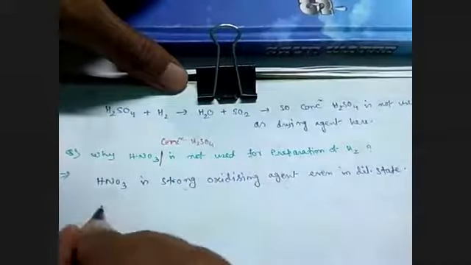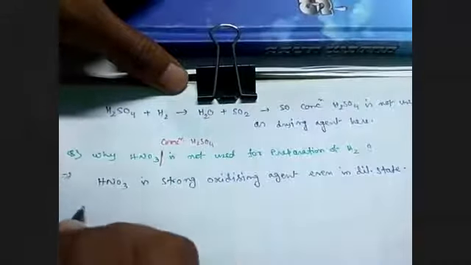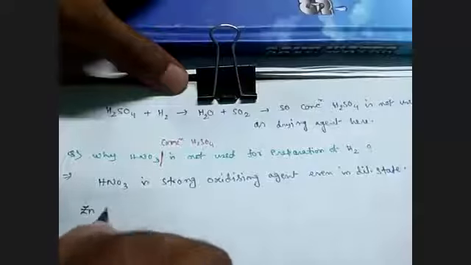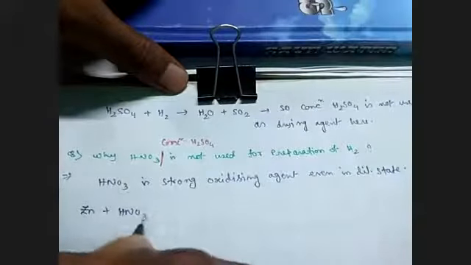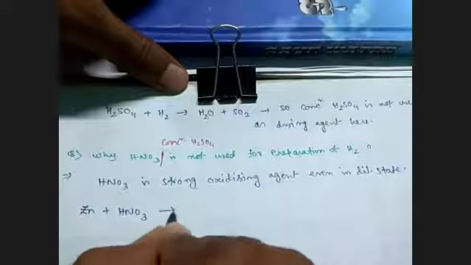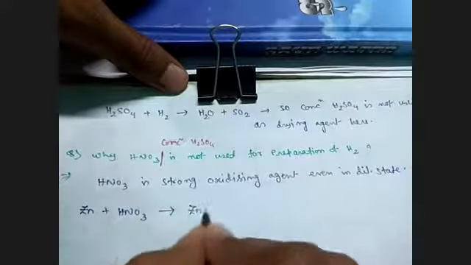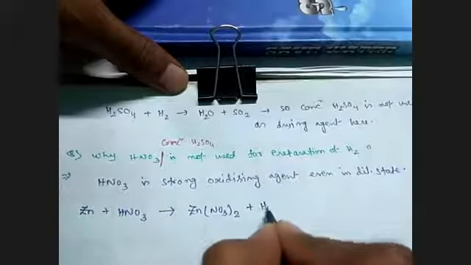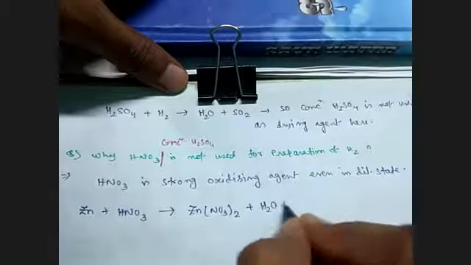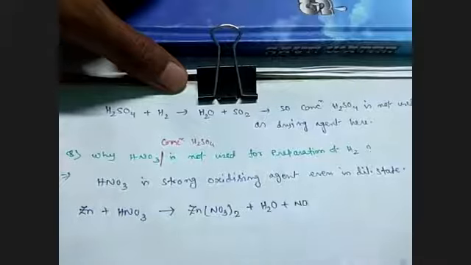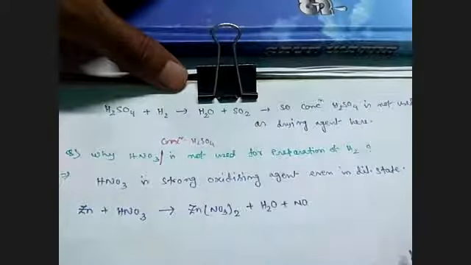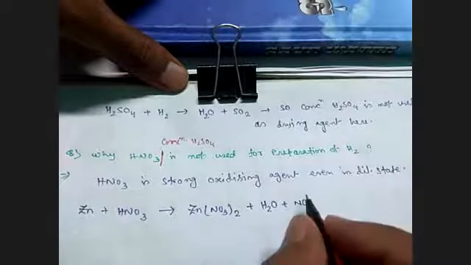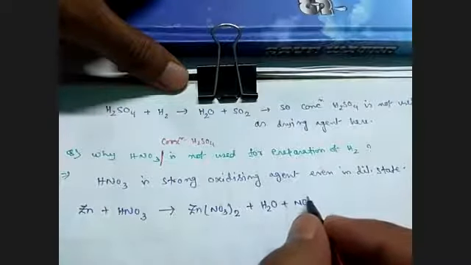So what are the reactions when nitric acid is used? If zinc and nitric acid are taken, it gives zinc nitrate. Hydrogen is oxidized to water and itself forms NO. Sometimes it will be NO2 if the concentration is very high.